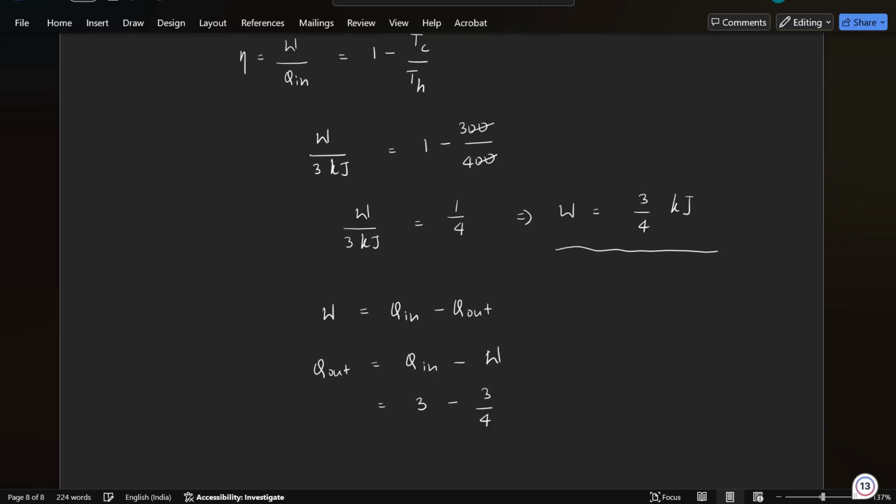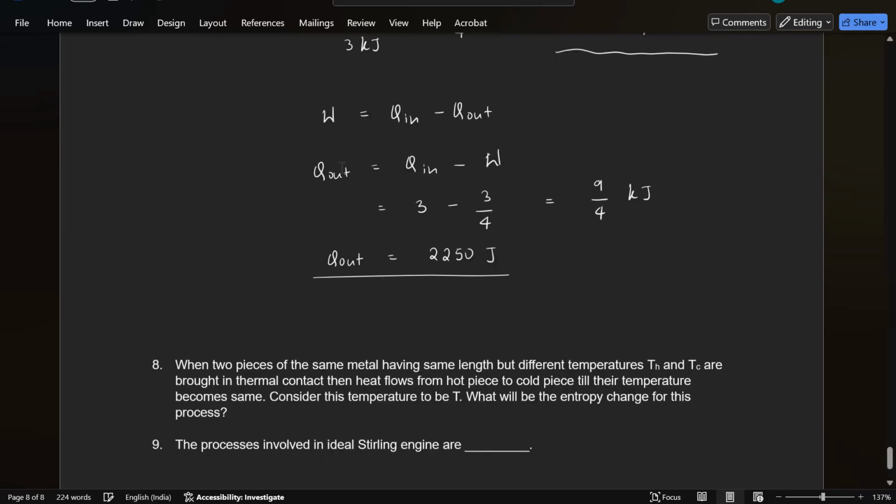So therefore Q out is equal to, how much is this? 12 minus 3, 9 by 4. So how much is 9 by 4? 2250 joules, kilojoules. Fine. So this is the final answer. Almost 2.25 kilojoules.